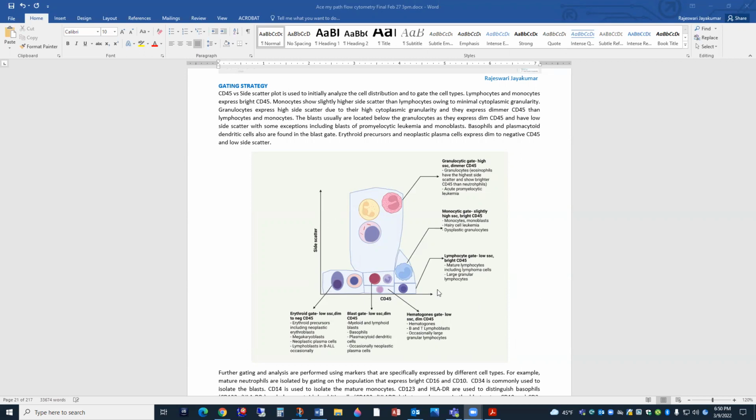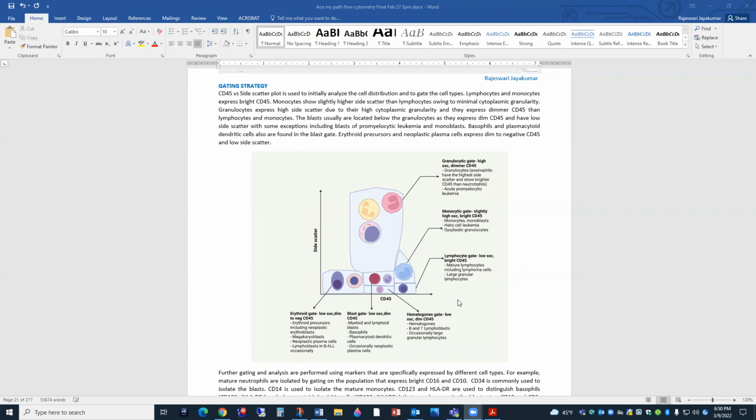Now CD45 is a marker that is expressed by almost all of the cells of hematopoietic lineage, except some. We'll see those exceptions. That is a marker we use so that we can eliminate all other contaminant cells.